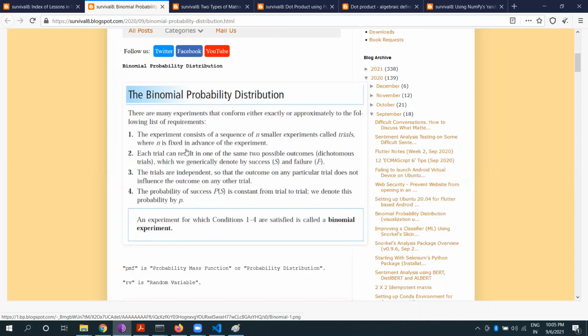If your experiment meets these four conditions, the distribution that it will generate would be of binomial probability.